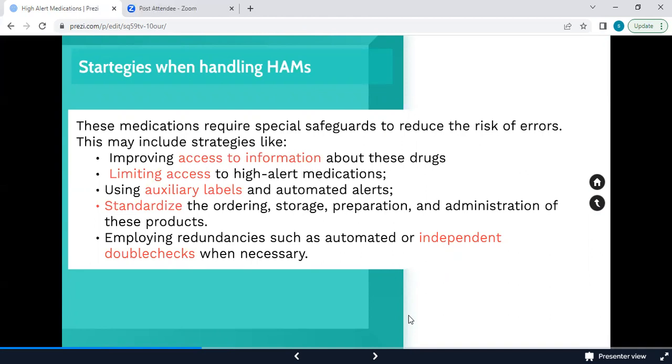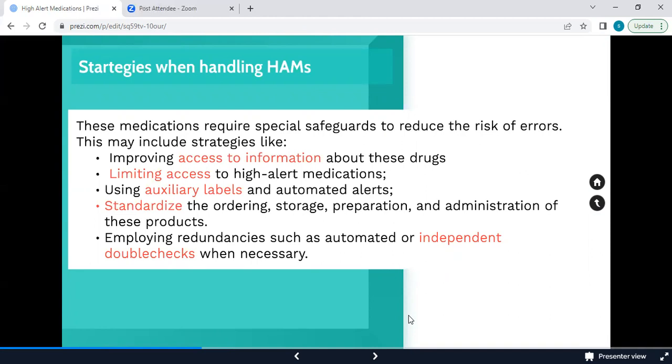So you have to have improved access to information in the policies and guidelines related to such medication. And then we have to limit the availability of high alert medication as much as we can. We have to limit it to places where it is clinically necessary to have it.